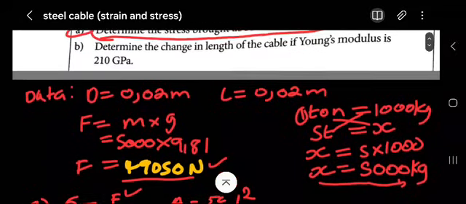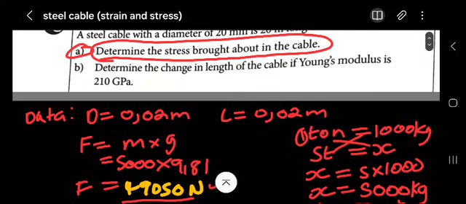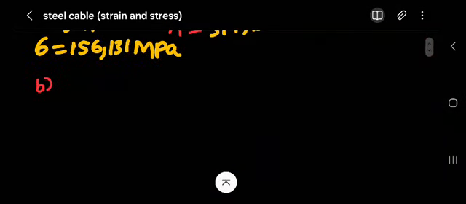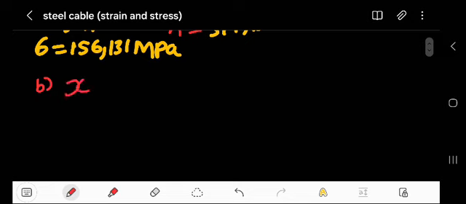Okay, what about part B? B says determine the change in length. The change in length is simply the extension of the cable with Young's modulus. You've given a Young's modulus of 210 gigapascal.